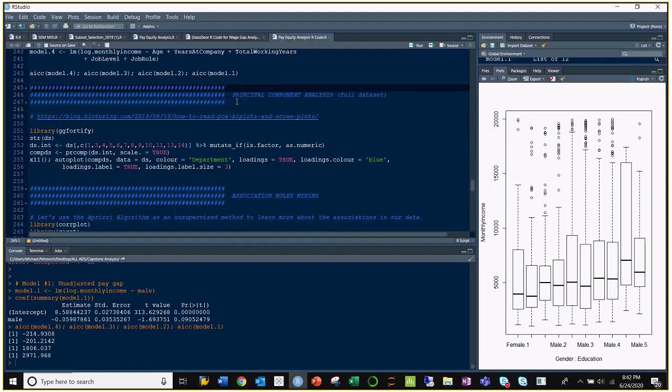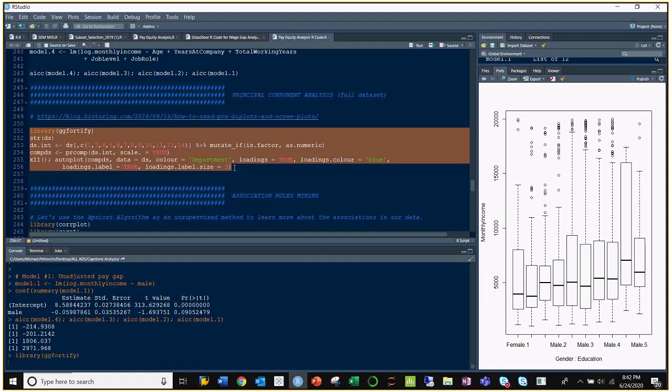What we want to do next is learn a little bit more about our data set. So at this point, we're going above and beyond, but it's really for the cause of learning more about how our data is behaving. One way to accomplish this is through principal component analysis, specifically a biplot.